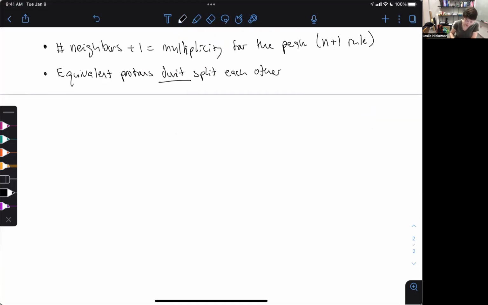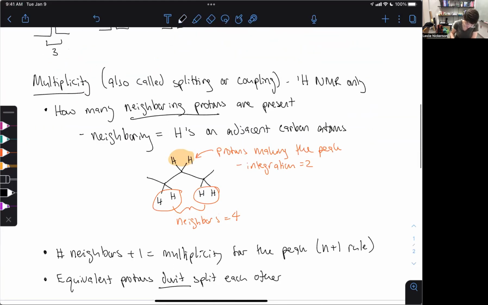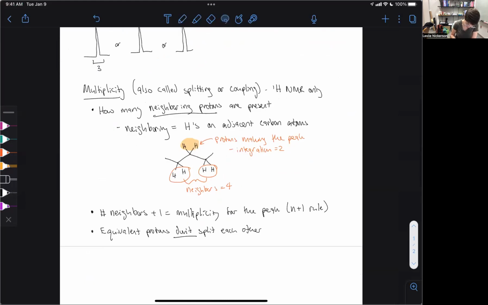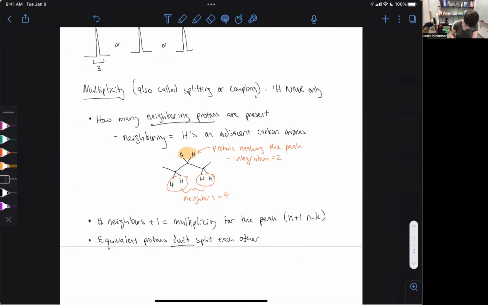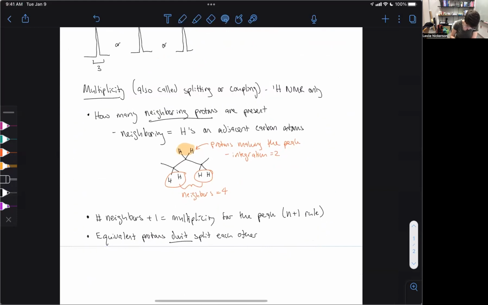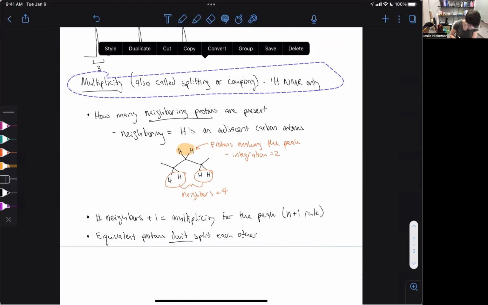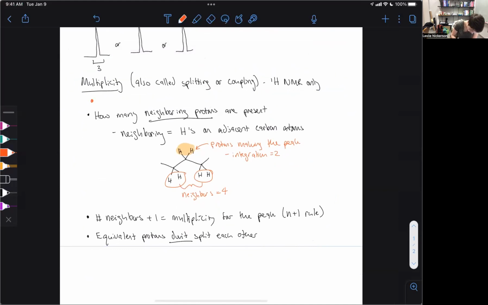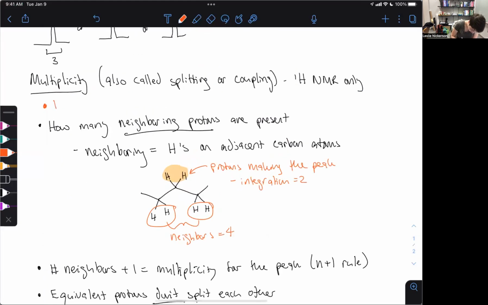So the multiplicity, and I'm going to put this up here. Let me scoot this down just slightly. I just have one little thing that I want to add. Okay, so the multiplicity is going to define the peak shape.